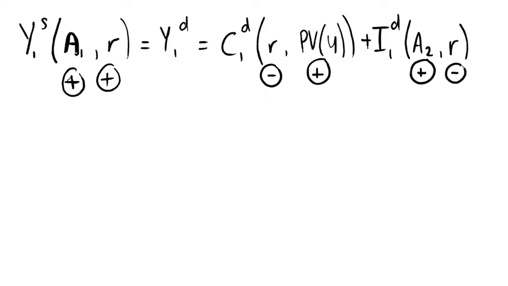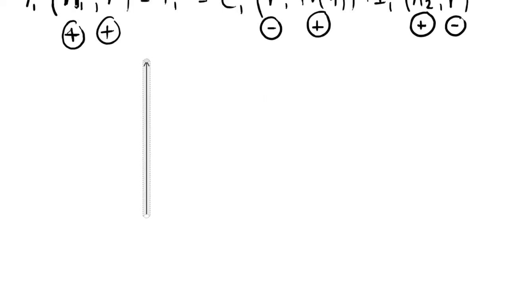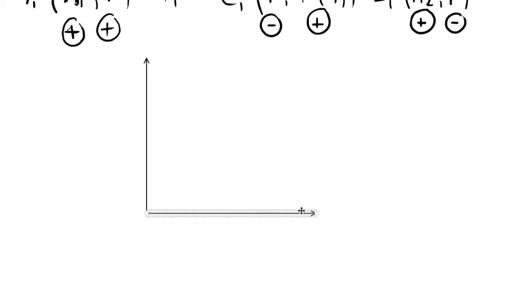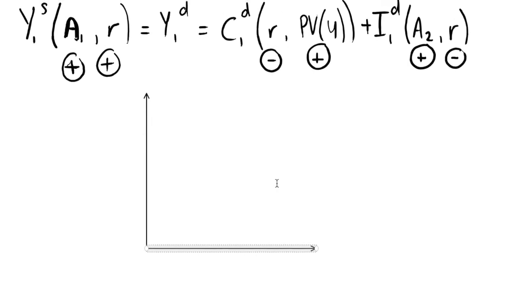So let's get into it, and the way we are going to see how shifts or shocks to productivity enter into our model is we're going to again graph these functions out. And the other useful thing is the fact that we have interest rate in all three of these functions we have here.